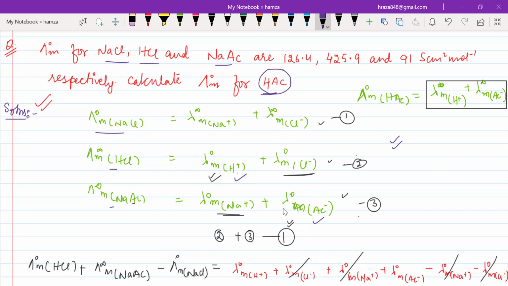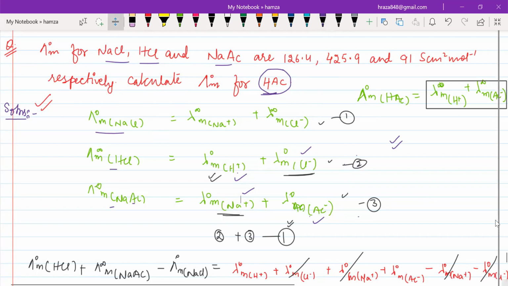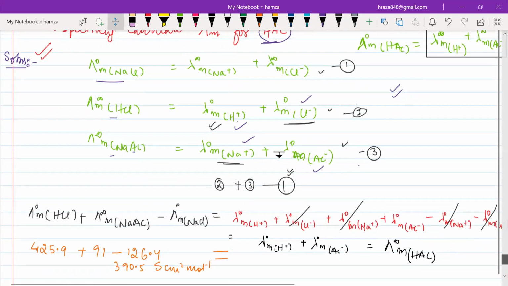And with H plus Ac minus, you will get Cl minus and Na plus, which is extra. We don't need it. So what you need to do is minus equation 1. So what I did here is 2 plus 3 minus 1. And when you do it, you will get only H plus and Ac minus left here, which means HAc. And put the values according to the equation.